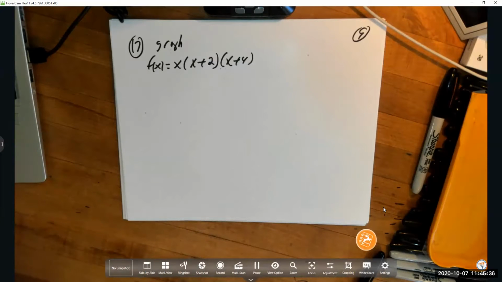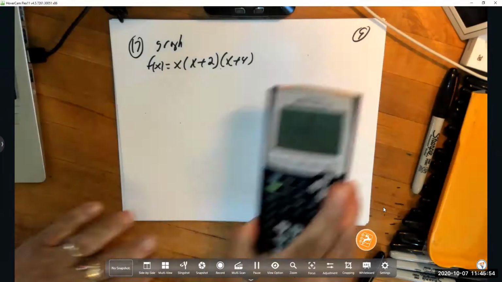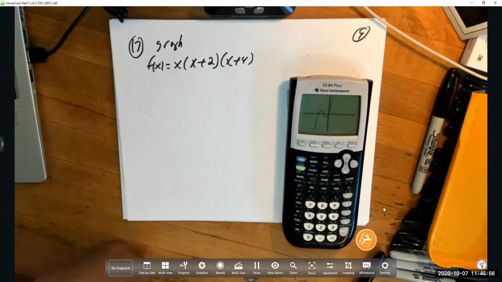I'm going to put it in my calculator: x, parentheses, x plus 2, and x plus 4. So now graph. That's what I got, a curved line.